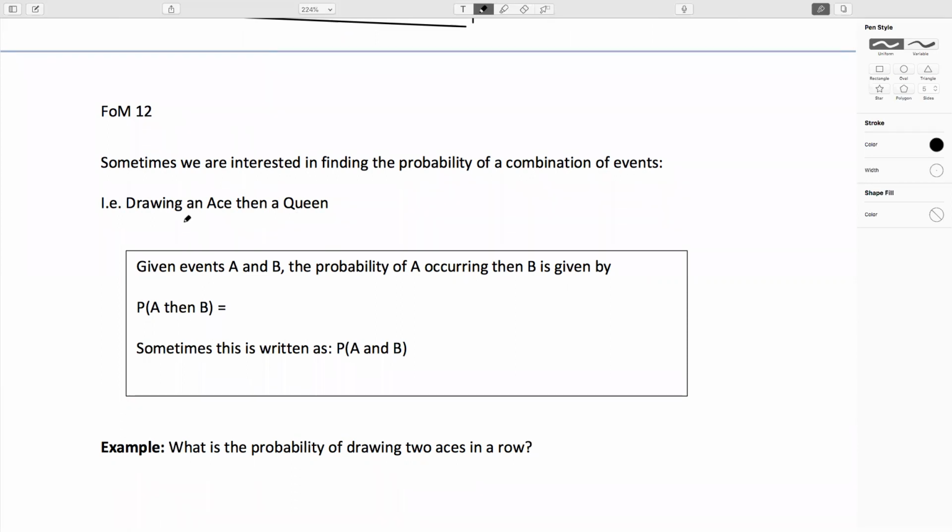Okay, probability of A then B is equal to the probability of A times the probability of B given A. Essentially, probability of A times the probability of getting B, but it's now impacted by A. Now, this is only true for dependent events.